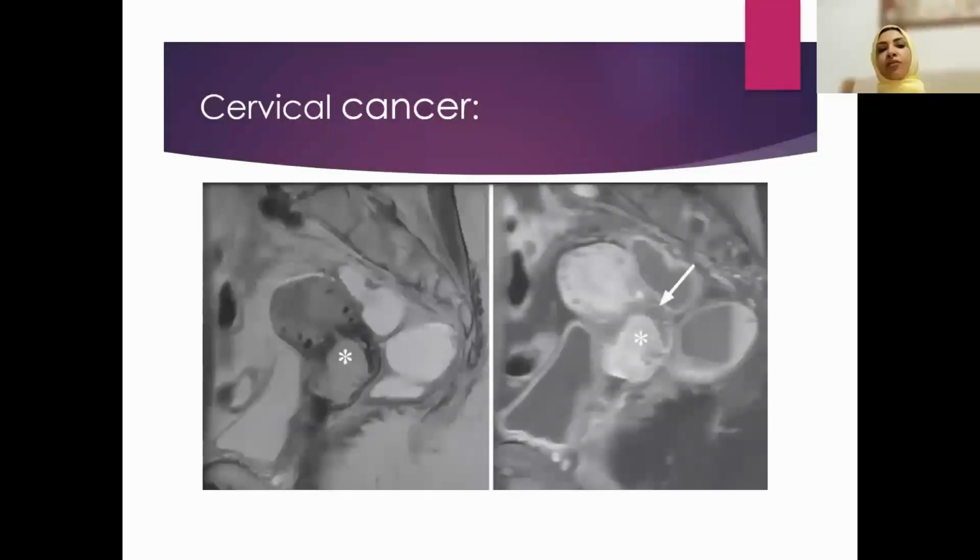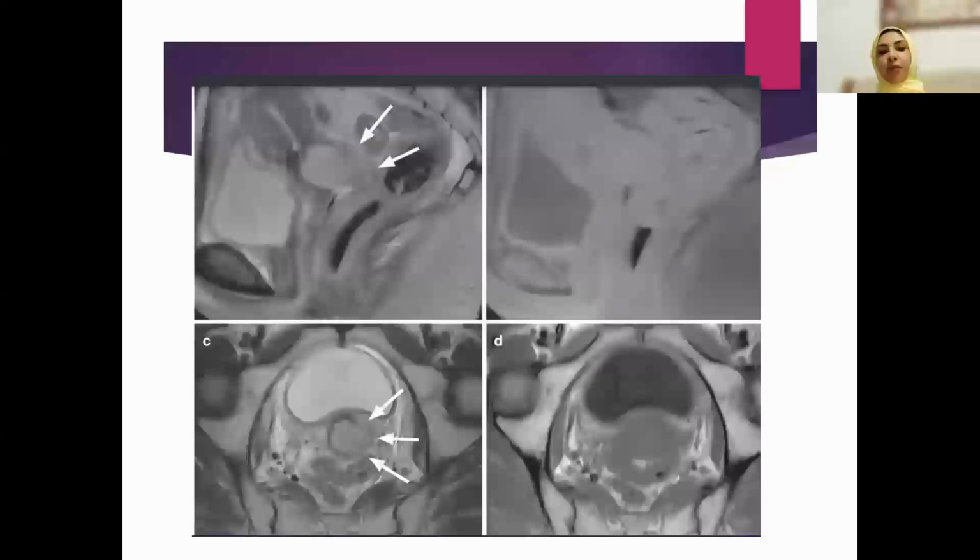Moving to cervical cancer, and here it's easy to detect a mass coming from the cervix. Very important. When we talked about the zonal anatomy of the cervix, we talked about the outer zone, which is hypointense. Look here in axial T2, you can nicely see the hypointense frame of the outer zone of the cervix, unlike here when the zone is disturbed and there is a mass fungating or invading beyond this outer zone.